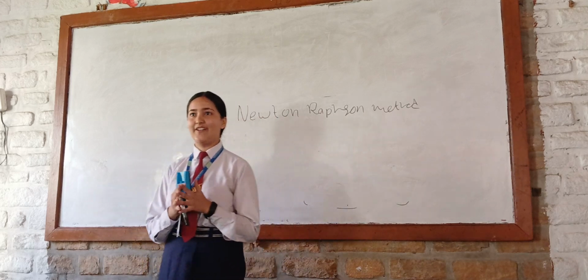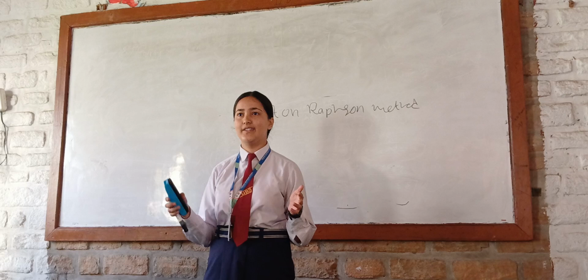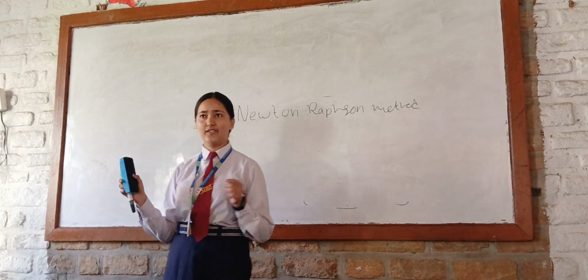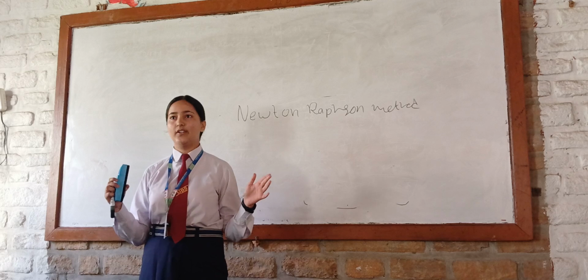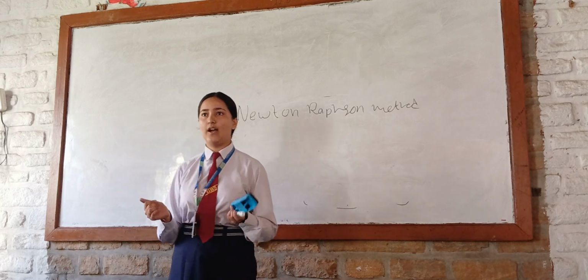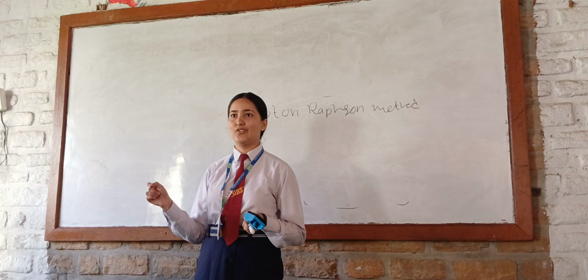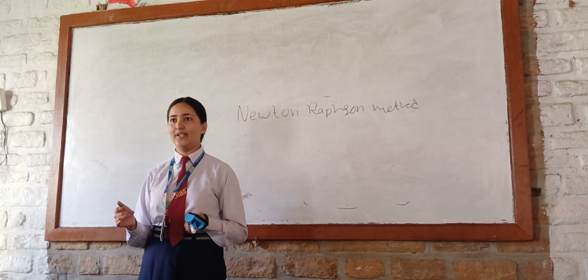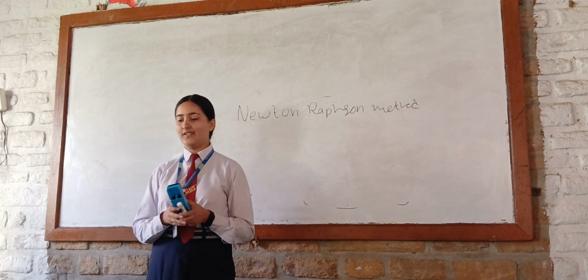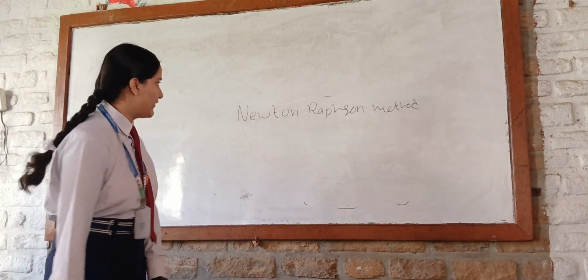Although Newton-Raphson method is a really powerful method, there are some limitations too. If our initial guess is too far off from the root, it may fail to converge. And also if our derivative f dash x equals 0 at any point, then the method will just break down because it is not allowed to divide by 0.